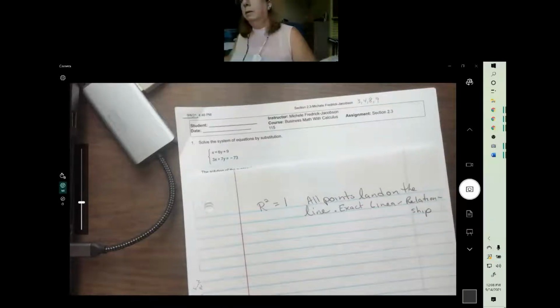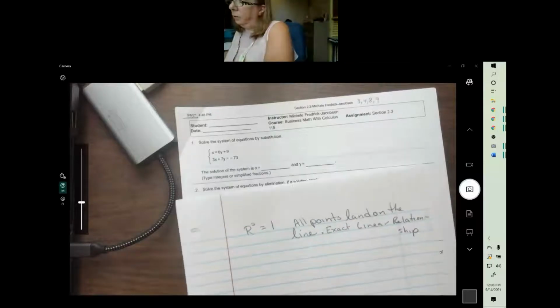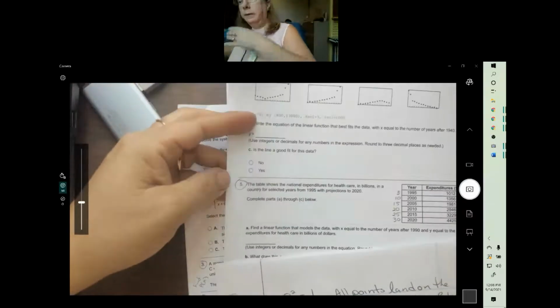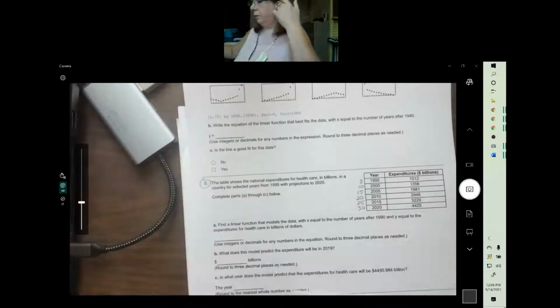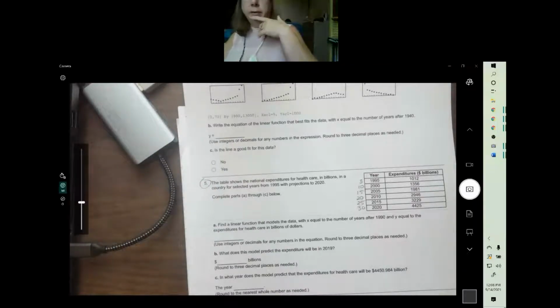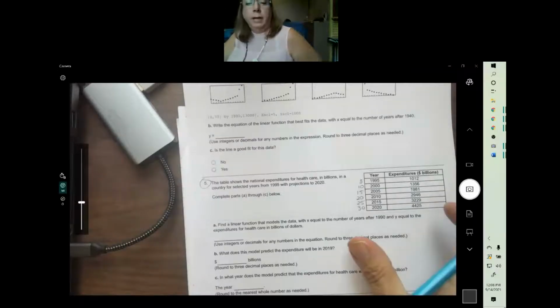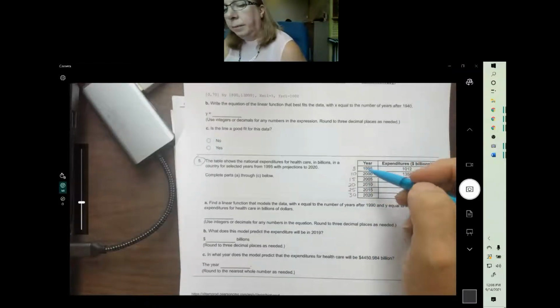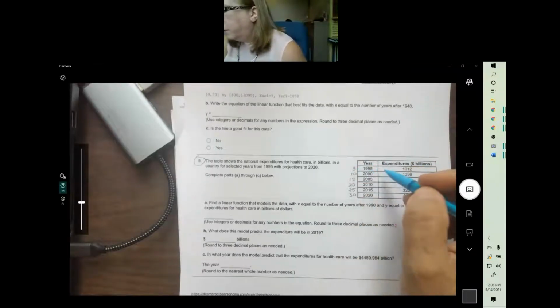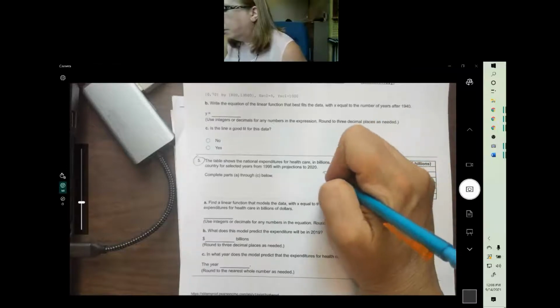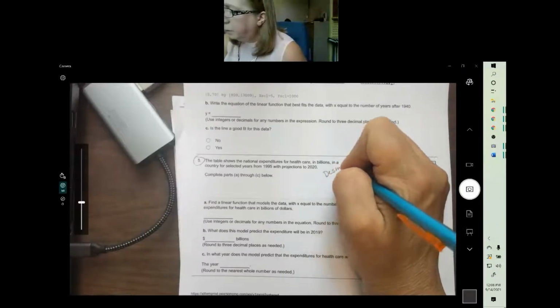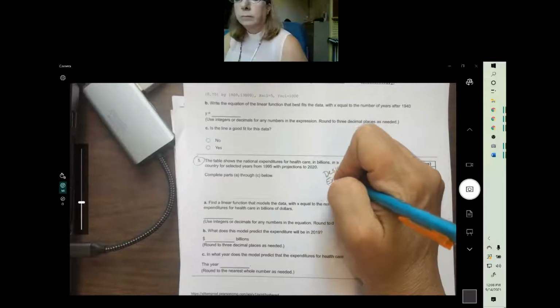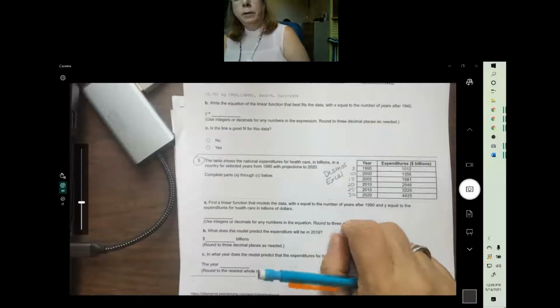Number 5, now on this one will be on a take home, but on number 5, because I got a lot of questions on the ones with the years. When you're entering these into either Desmos or Excel, I think Desmos is easier, but either one.